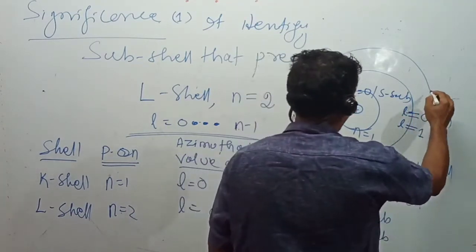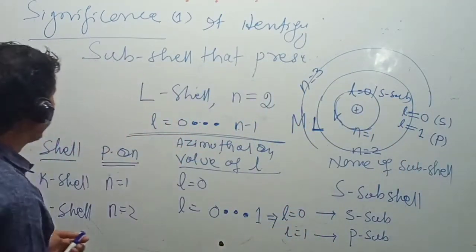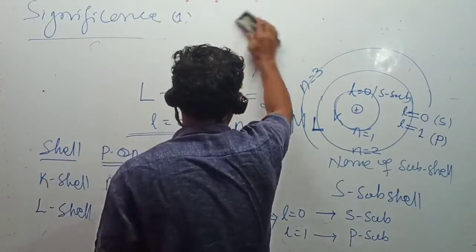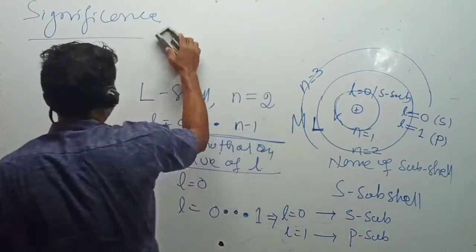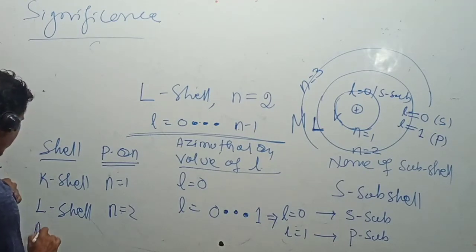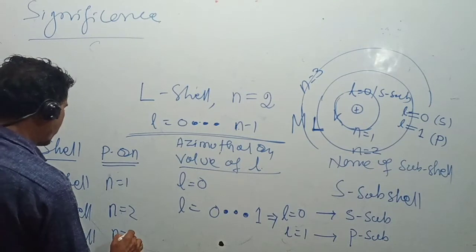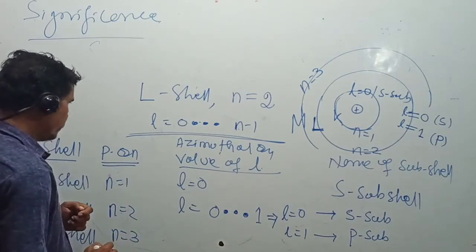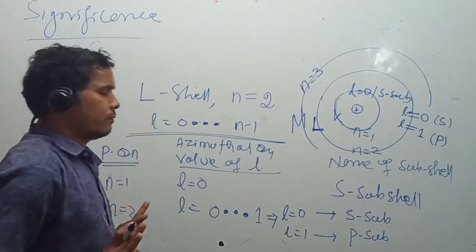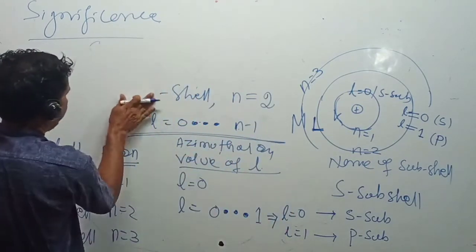We have to find out how many subshells are present within this M shell. Just think of the room where you are sitting, that room is called the M shell.